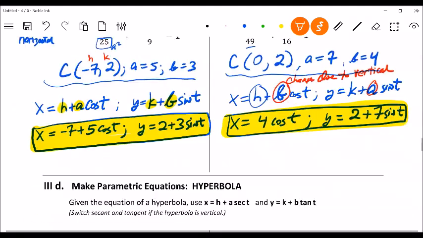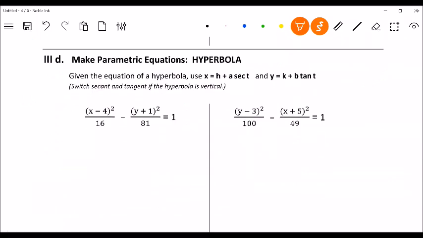Let's take a look next at making a parametric equation for a hyperbola. So given the equation of hyperbola, use this one and this one. Notice it has a secant and a tangent this time.